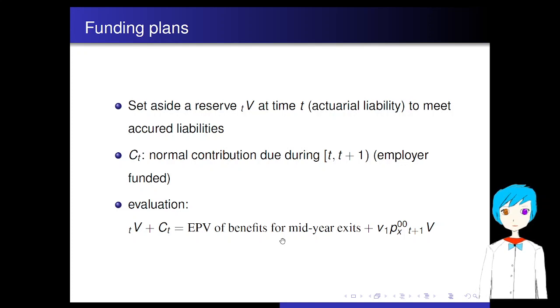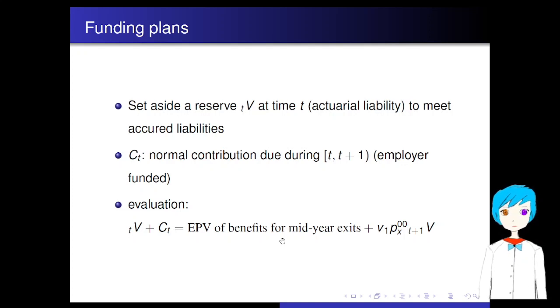Similar to the policy value notation, we denote tV to be the reserve at time t, which is called the actuarial liability. This is used to meet accrued liabilities for the pension benefit.